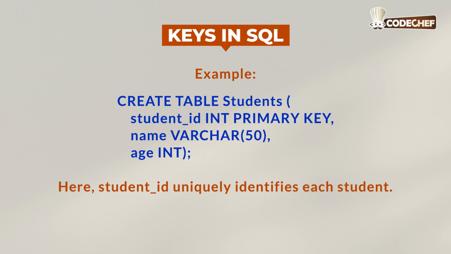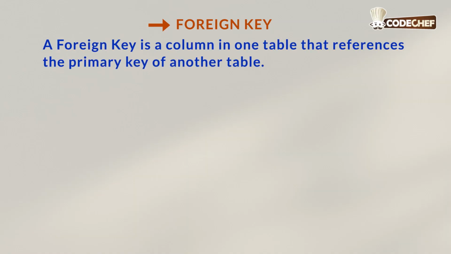of this table. Next is foreign key. A foreign key is a column in one table that references the primary key of another table. Like in the last example, we set student ID to be the primary key of table students. Now if I take that column as it is in another table, then for that table it will act as a foreign key, because actually it is the primary key of another table.